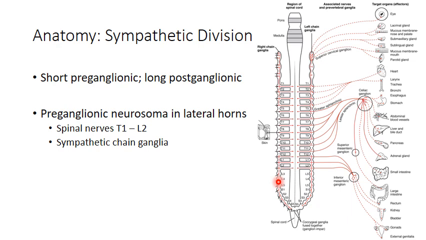Because of the way this works, what we end up with are very short preganglionic fibers. The ganglia themselves are going to be interconnected by nerve cords. So it's not like we have a ganglia here that's isolated from a ganglia here. These ganglia are all connected to each other, which is why they're represented as one lumpy unit here. That's because they are all interconnected.